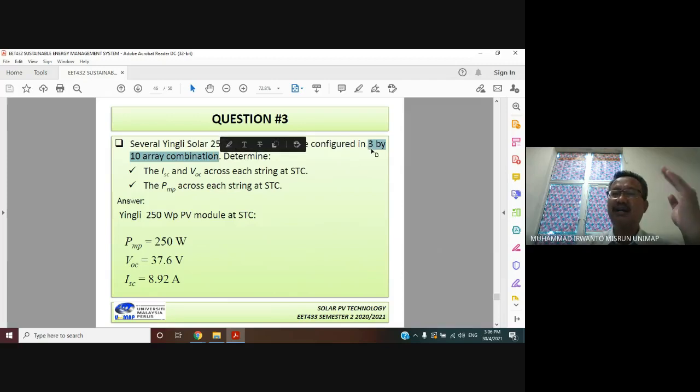This 3 by 10 array combination has one definition. First, we want to know the datasheet values of the 250 watt module in terms of open circuit voltage, short circuit current, and maximum power.